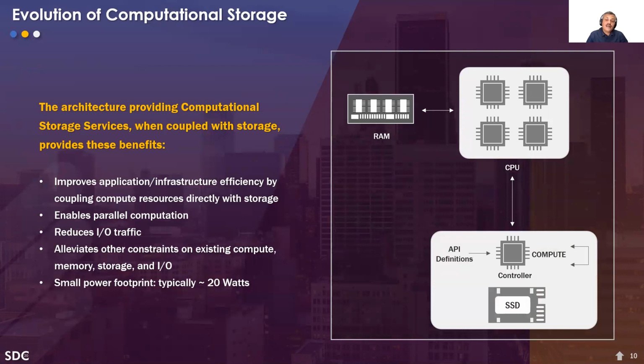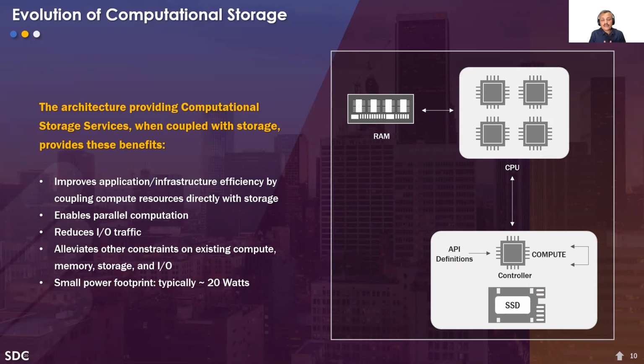So what we have done is we have almost eliminated the shuffle of data between the compute and the storage, and the whole shuffle happens within the same storage controller itself. And this is the fastest way we can go.